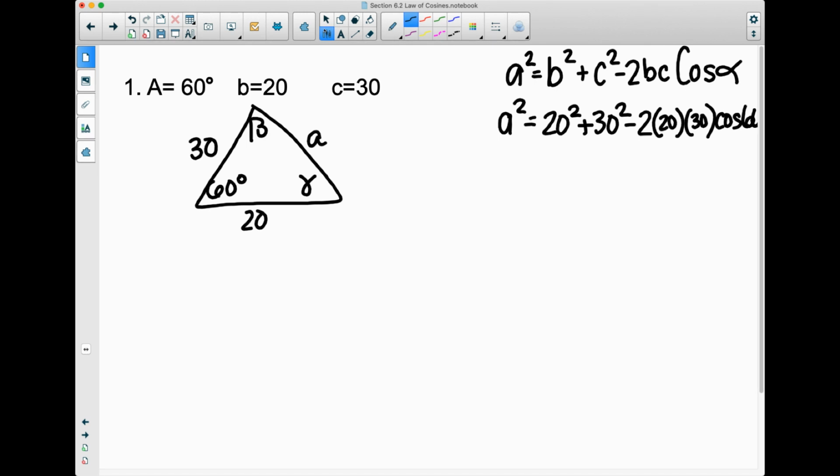And then 60 degrees. You can put that entire right side in and then take the square root of your answer, or you can go ahead and type in the square root. Make sure your calculator is in degree mode.